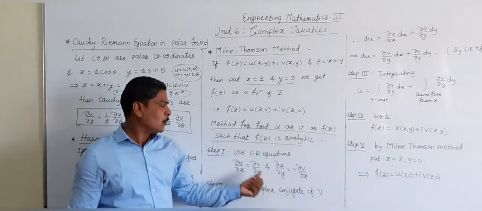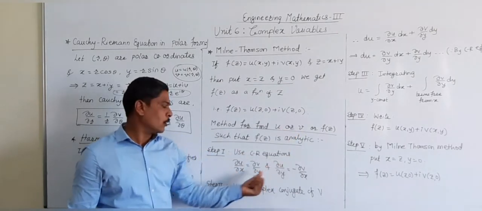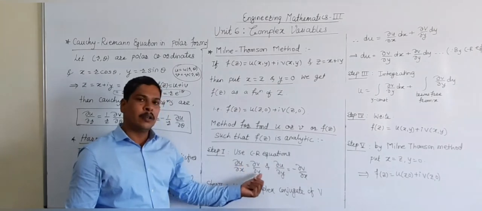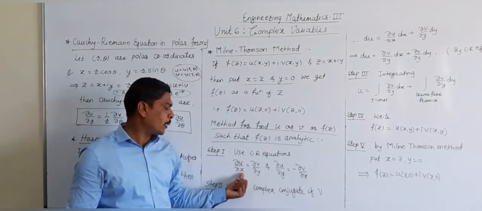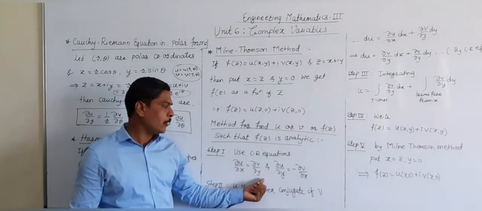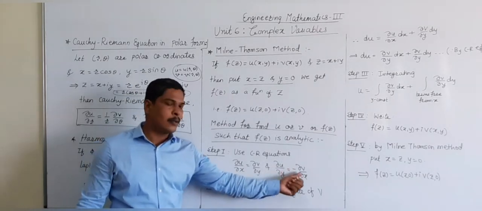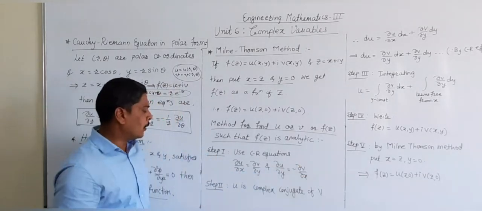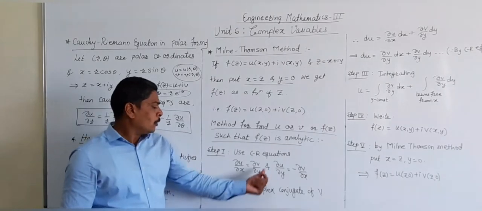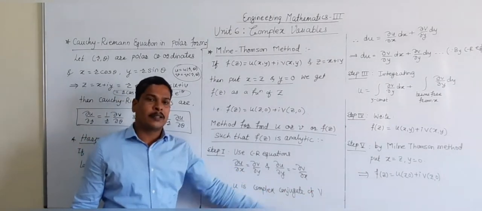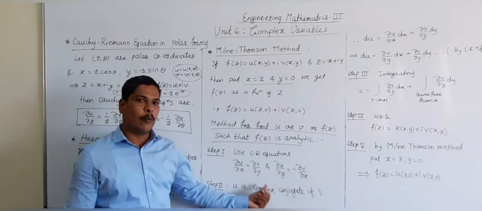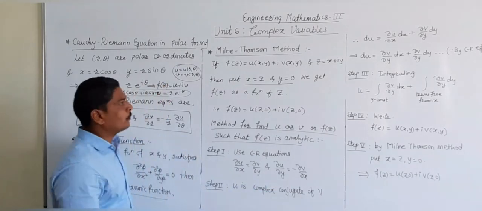So we use the CR equations in terms of Cartesian coordinates x and y: dou u by dou x is equal to dou v by dou y, and dou u by dou y becomes minus dou v by dou x. And u and v are conjugates of each other.